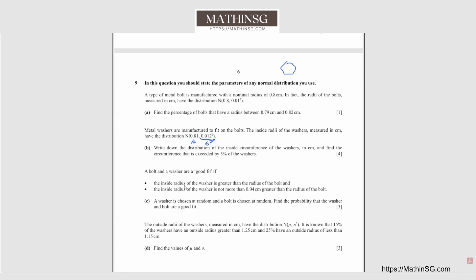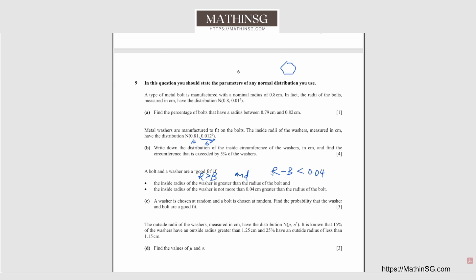It is good if the inside radius of the washer, R, is greater than the radius of the bolt, B, and the inside radius of the washer, R, is not more than 0.04 cm greater than the radius of the bolt. That means R minus B is less than 0.04.